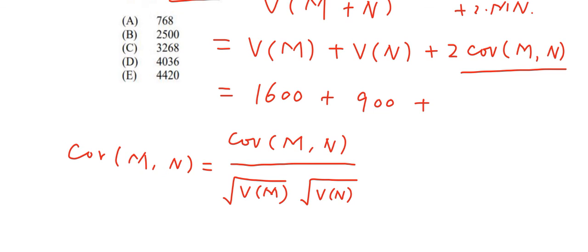This is the definition of correlation. So this correlation is 0.64. So we can find the covariance. The covariance equals 0.64 times the square root of variance 1600 and the square root of 900.